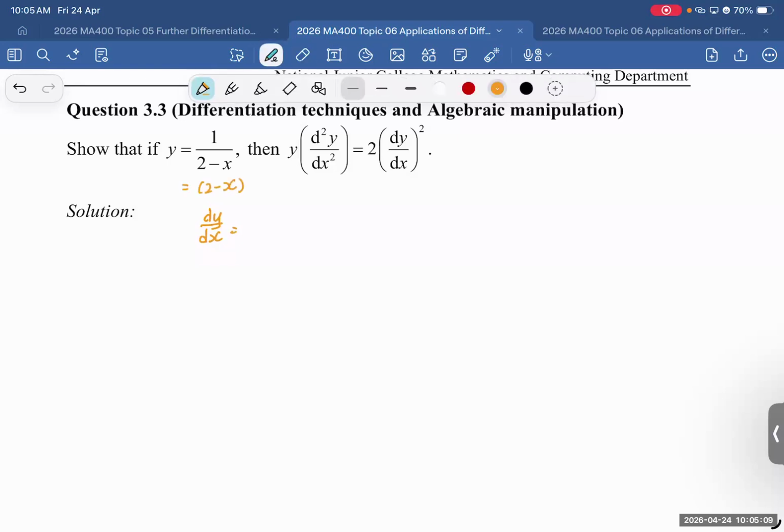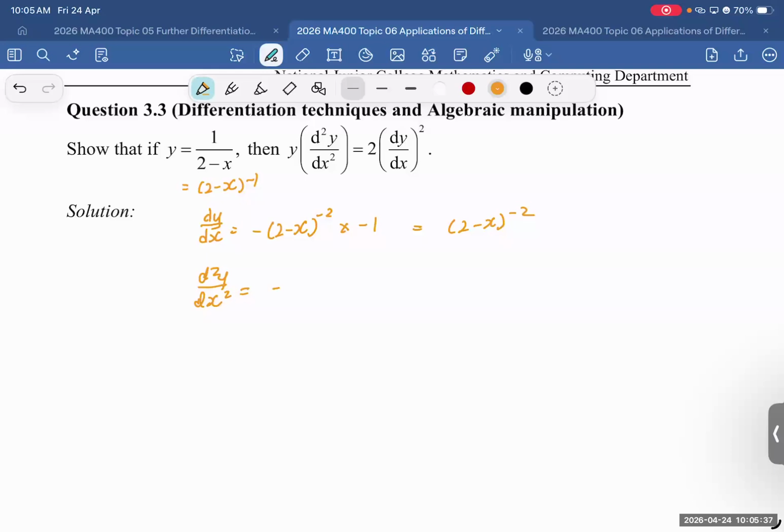Sadhana, I write it like that. Here times -1, which is the same as 2, which is the same as 2.